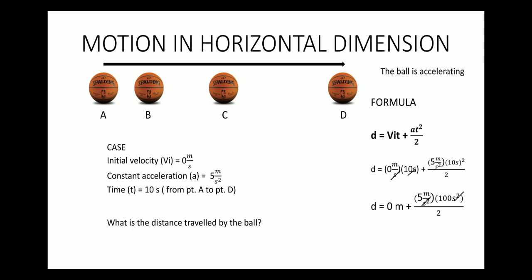The next step is to cancel s squared. Then multiply 5 times 100, that is 500 meters, then divided by 2 is 250 meters. So if there is constant acceleration, we can use this formula. Take note that this is only for the horizontal dimension.